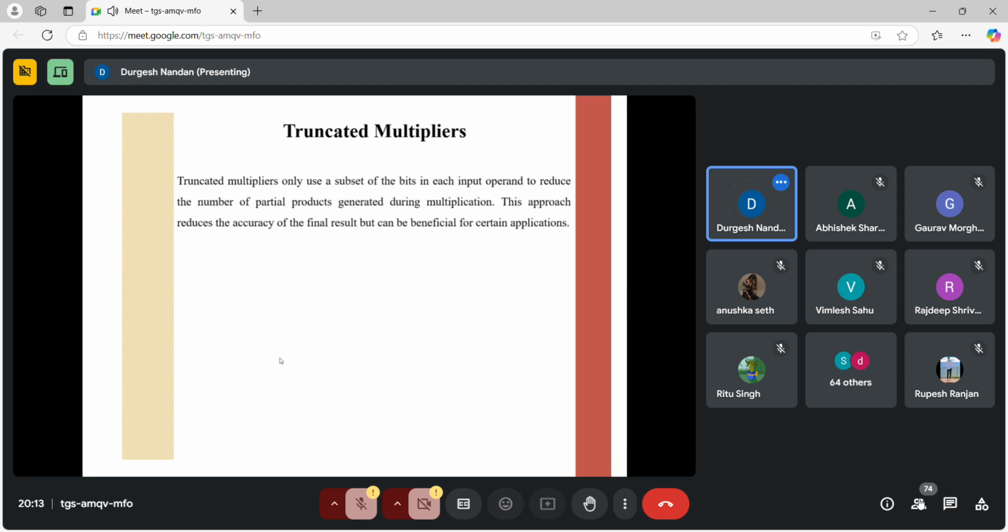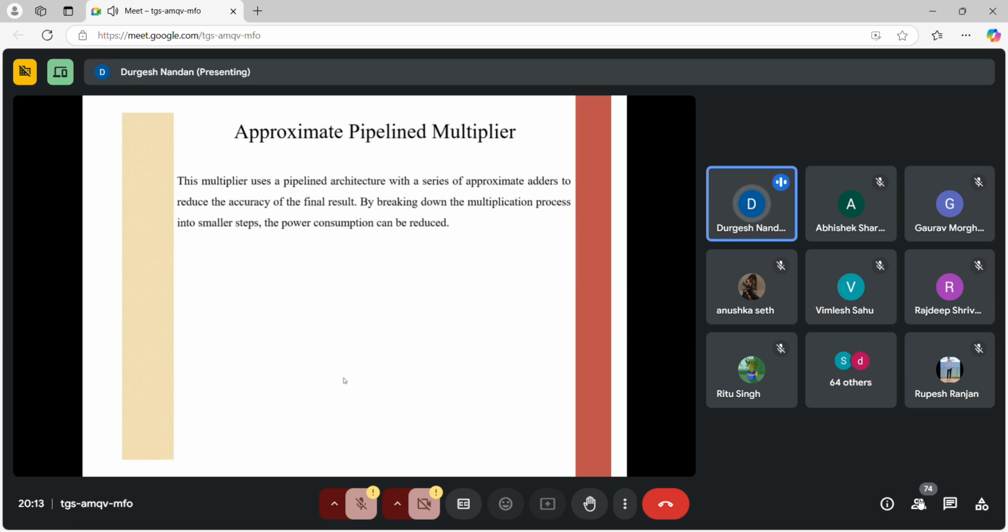Another one is the approximate pipeline multiplier. In that we basically use pipeline architectures with a series of approximate adders to reduce the accuracy of the final result.